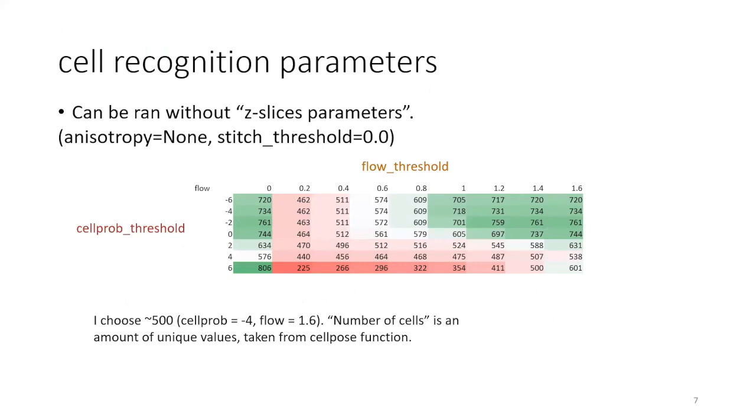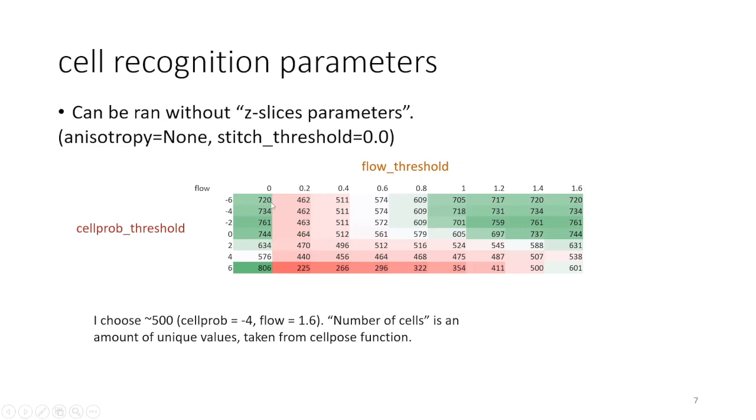So we need to decide which parameters are the best ones. To deal with it, we need to loop, for example, firstly over the 2-dimensional parameters. There are cell recognition parameters, flow threshold and cell prop threshold. We loop it, so in Python it's a double loop, and we get such a table.